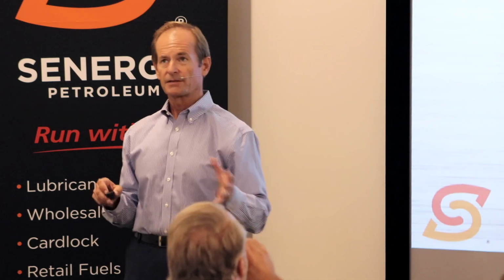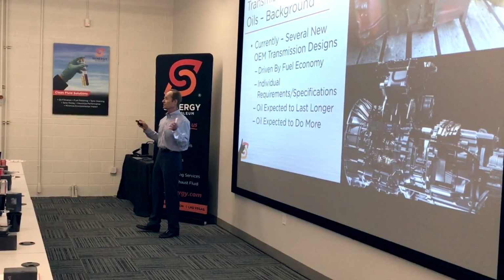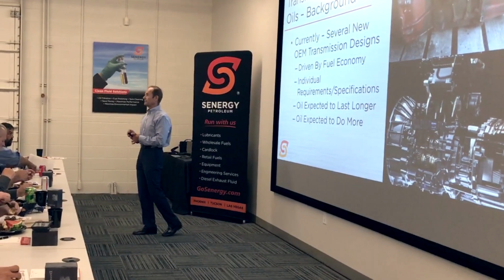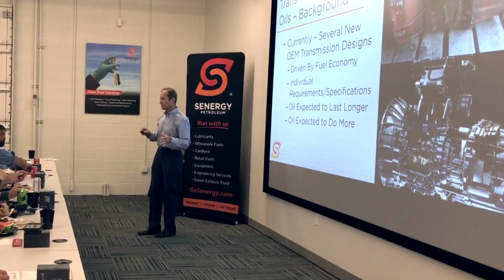Well, 500,000 miles on these new transmissions is the standard change interval for them anymore. They're expecting the oil to last a real long time and expecting the oil to do a lot more. And this is particularly true in the automatic and the automated manual transmissions that are new. So we're going to take a closer look at these technologies.